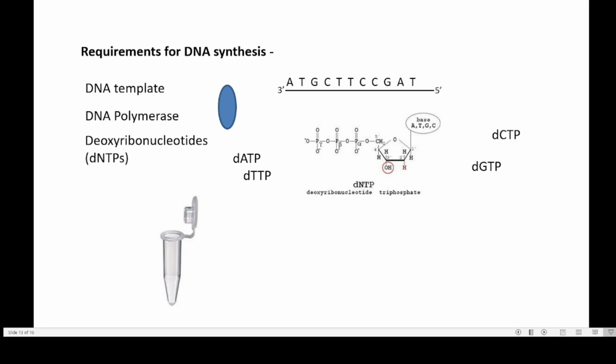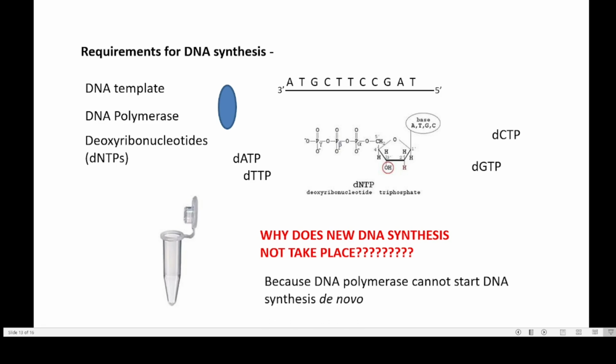The answer is no. Why does new DNA synthesis not take place? What is missing? Well, the missing component here is a primer, a piece of nucleic acid that the polymerase can grab onto and extend by adding nucleotides to its 3' end. This is because DNA polymerase cannot start DNA synthesis de novo.